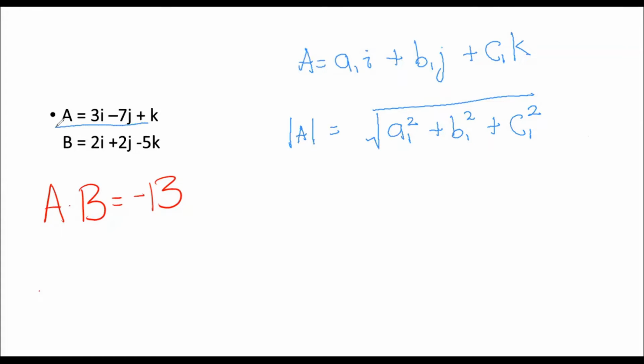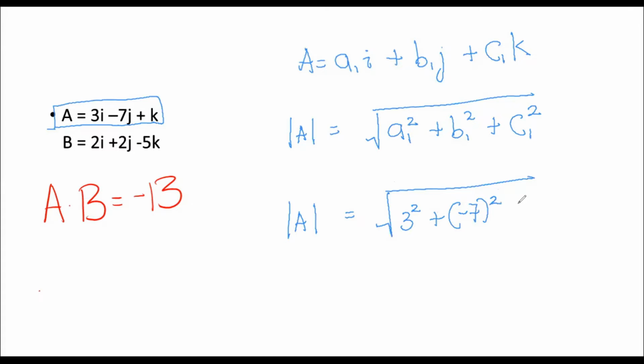So for this one, we have this vector. The value of the magnitude of A will be the square root of 3 square plus minus 7 square plus 1 square. So 3 square will be 9. Minus 7 square, that's 49.